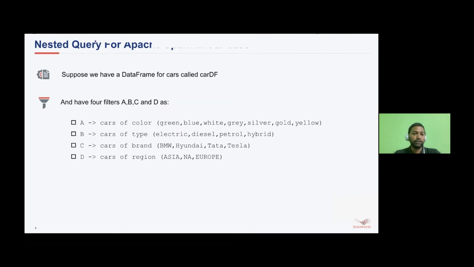So we want all the car data of the region defined in D, or the color of A, or the type of B, and the brand of C.